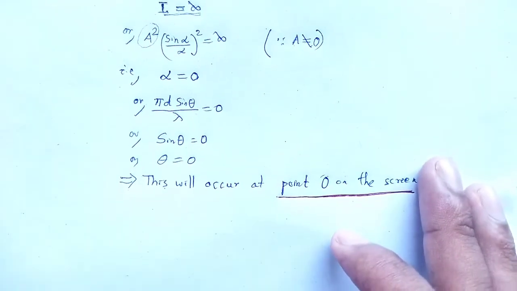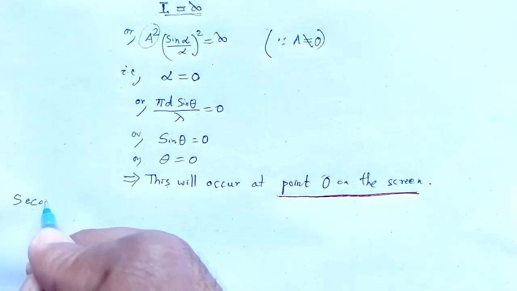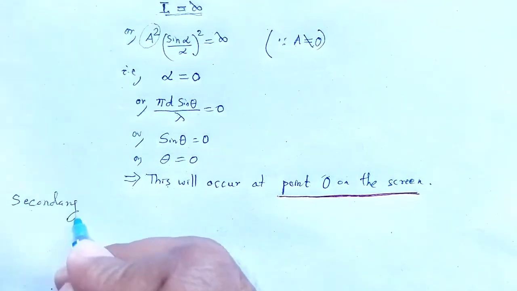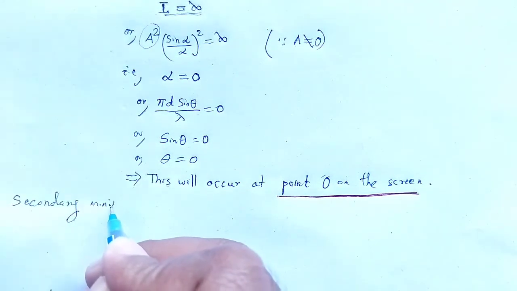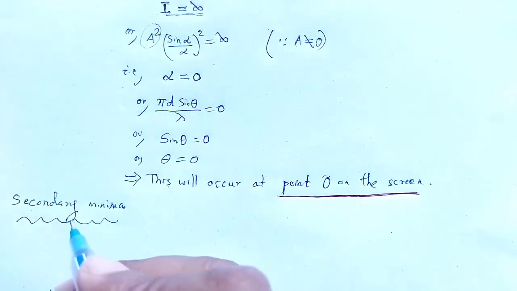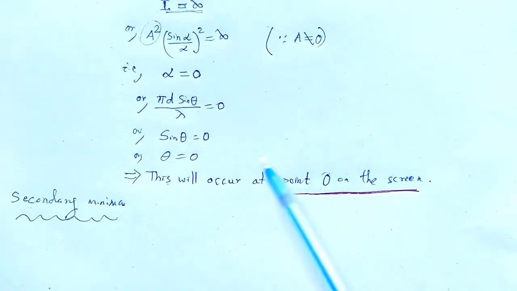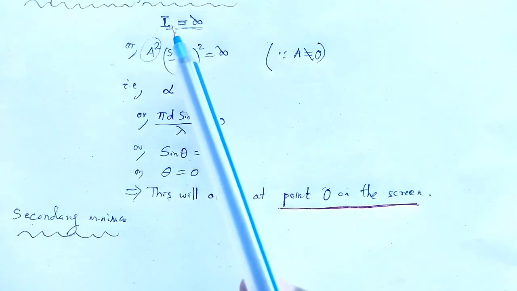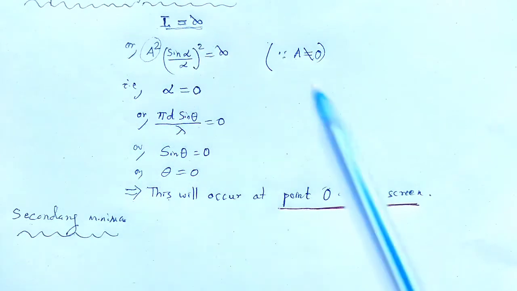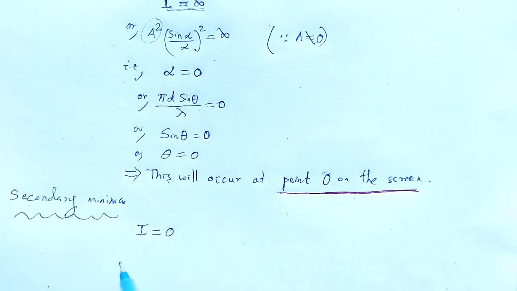Next, secondary minima. What will be the direction of secondary minima? Again same condition, for minimum condition I is equal to 0, intensity will be 0.